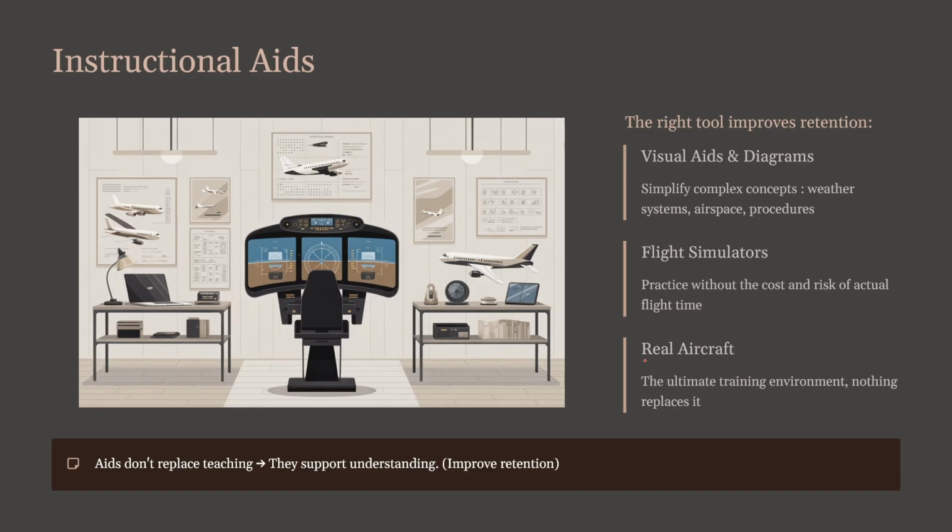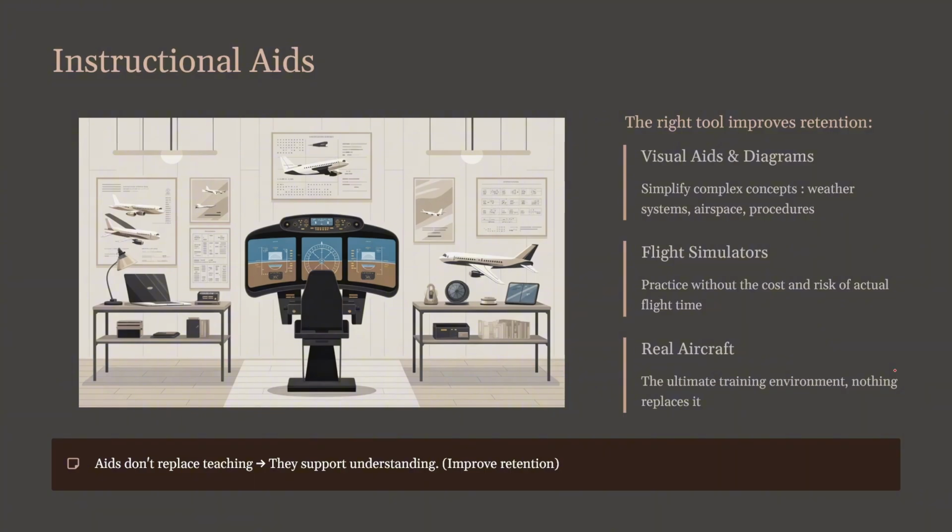For example, a visual aid can make an abstract concept easier to grasp, and a simulator can provide repetition at lower cost and lower risk. And the real aircraft gives the student the actual training environment where all of it comes together. So I would use instructional aids as tools to improve retention and clarity.